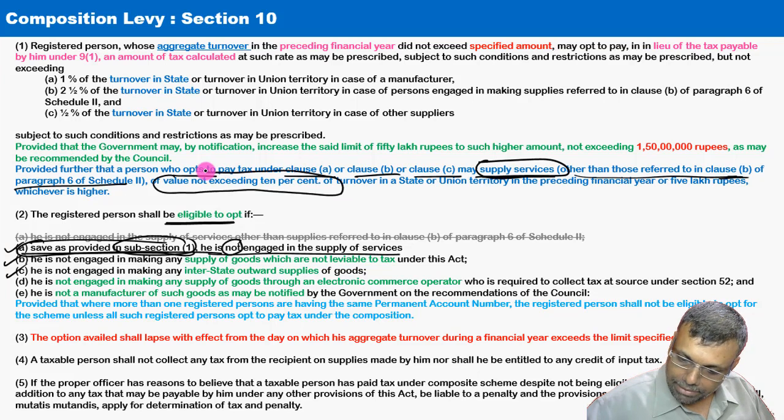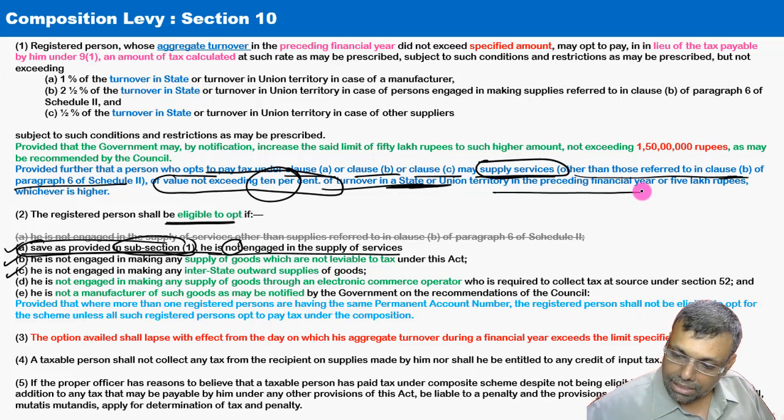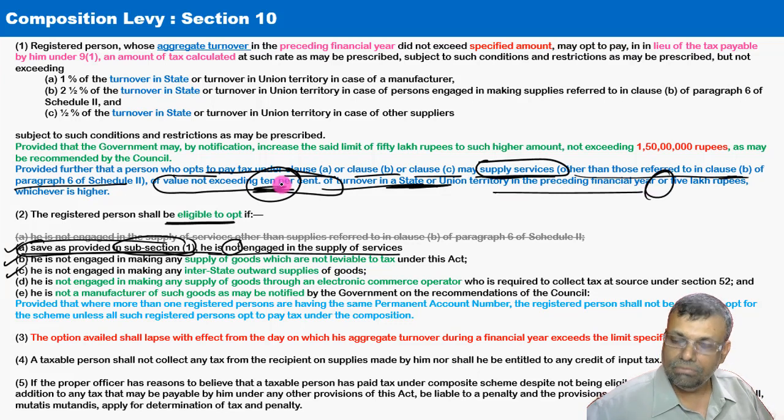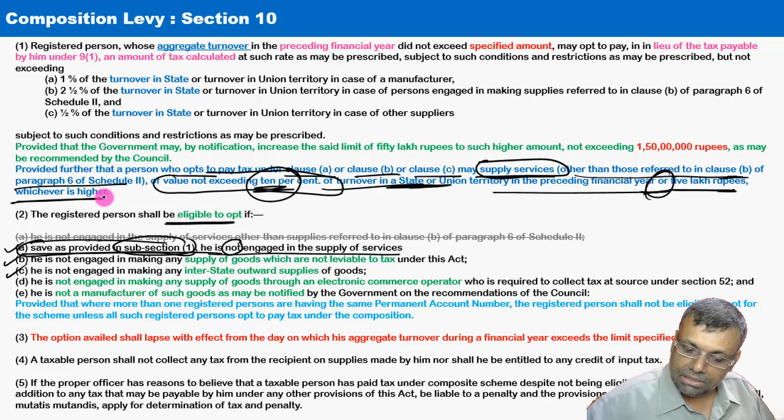Okay, so the value not exceeding, now that's a condition. Mark it, it is very important. The value not exceeding 10% of the turnover in the state, mark very importantly, turnover in the state, in the preceding financial year, that is your monetary limit for the services, or 5 lakh rupees, whichever is higher.